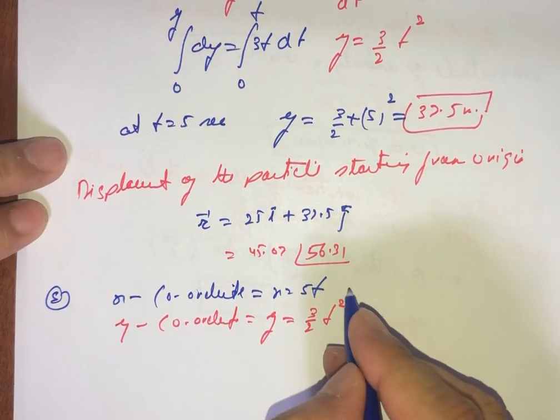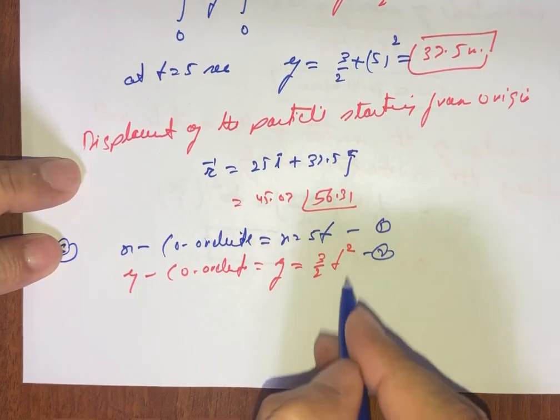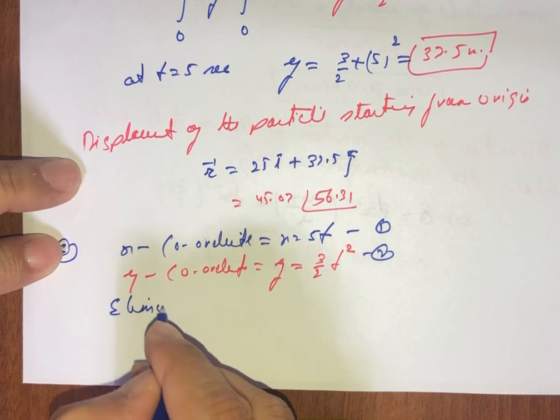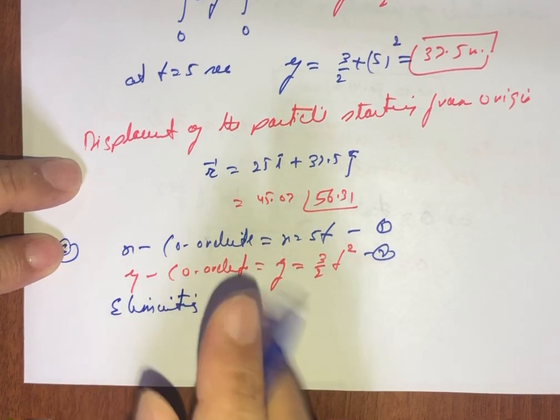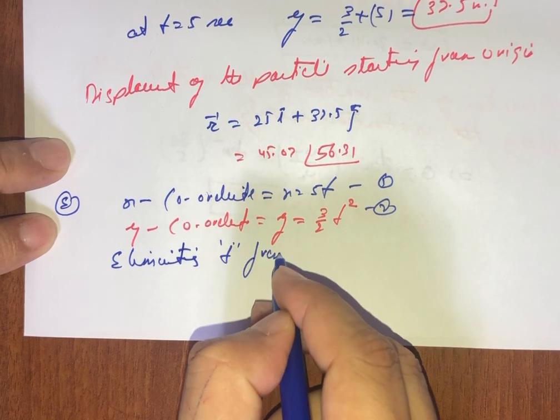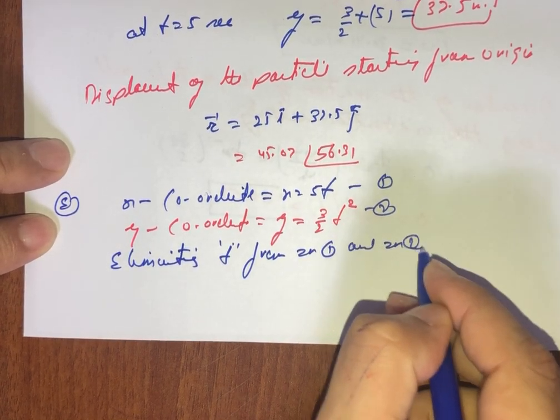Let us call these equation 1 and equation 2, eliminating t from equation 1 and equation 2.